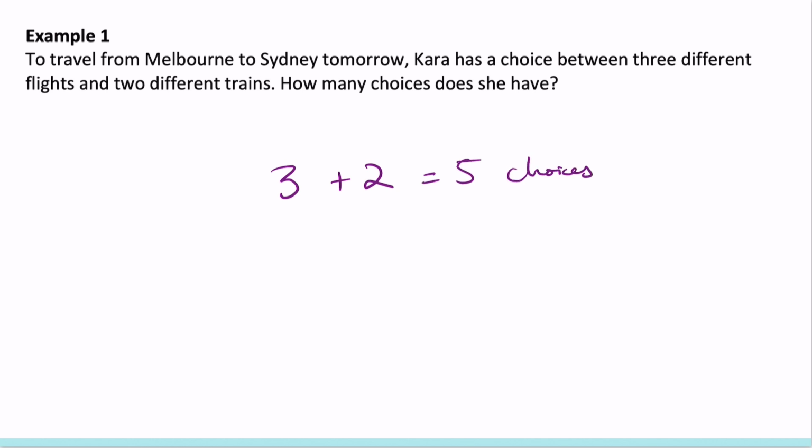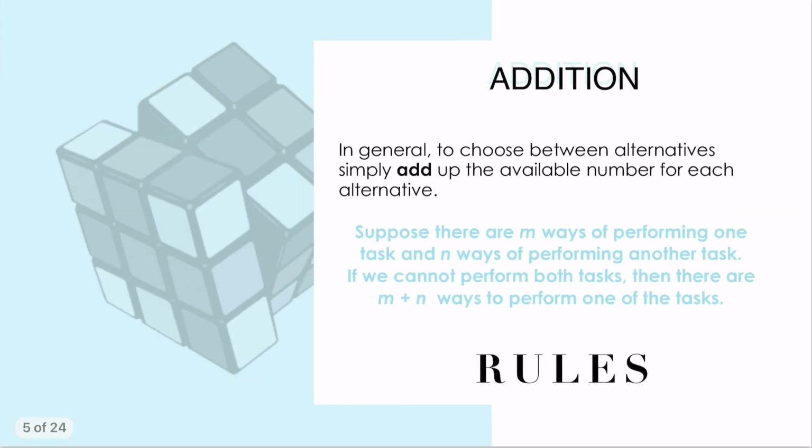Whilst this might seem very basic, this is the basis to this entire chapter. We're trying to think about how many different ways we can do something. So in this case, she has 5 different choices because she has a choice of either the flights or the trains. This we call the addition rule. So in general, to choose between alternatives, simply add up the available number for each alternative.